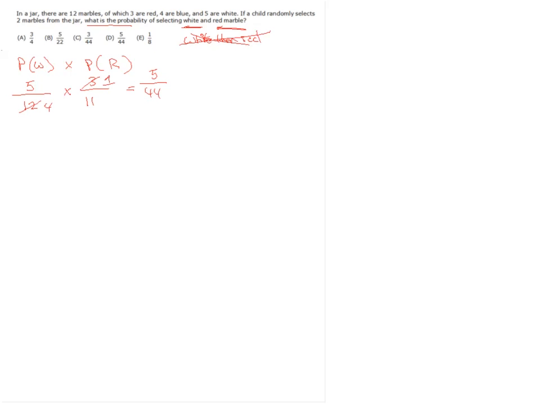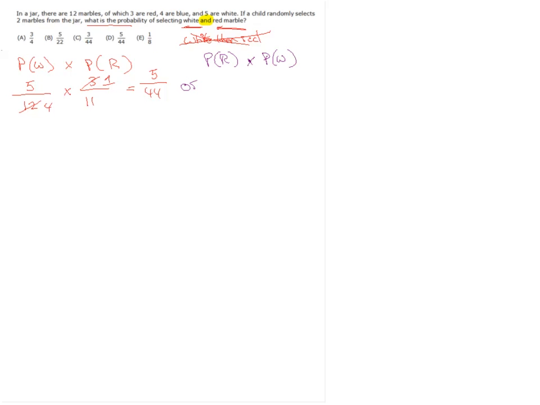It says white and red, which means you don't know the order it's in, so you have to account for all possibilities. So the next thing we would do is say, okay, or probability of red then white. Now, you can do this all the way out and do the math, but I will tell you with 100% certainty that the probability of red and white versus white and red will be the same because the stipulations surrounding that probability won't change.